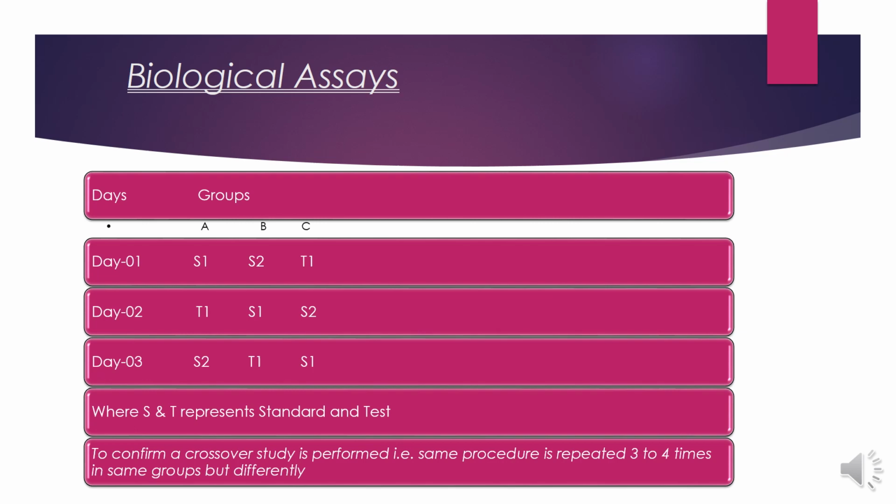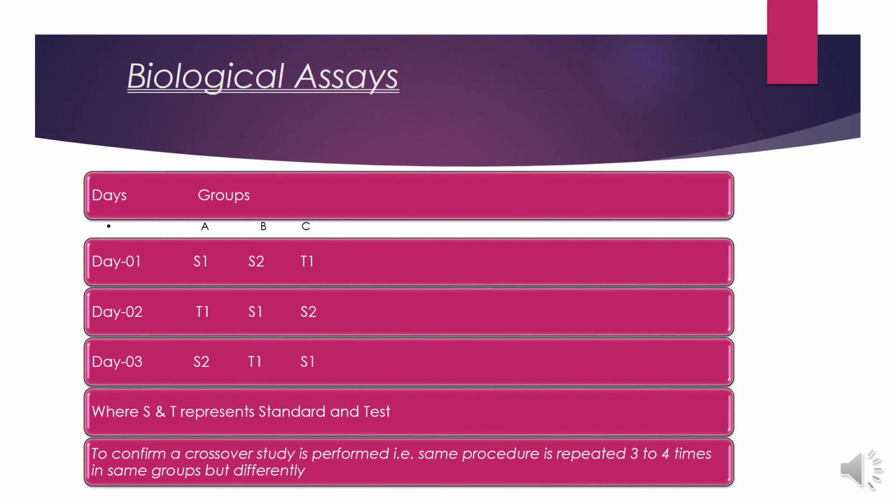On day 3, group A will receive the standard 2 dose, whereas B will receive the test sample dose and C will receive the first standard dose. In this way you can confirm that the variation in the responses is basically due to changes in the sample, because all the doses are tested in all the groups that are being used and compared.